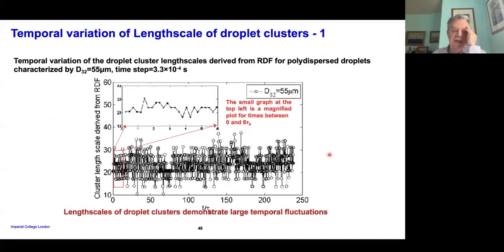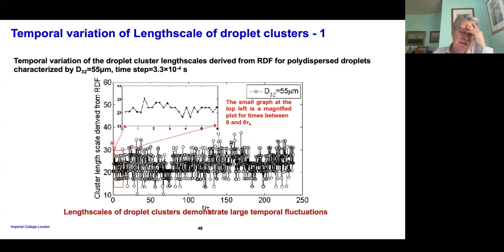Since we have time-dependent radial distribution functions, we can also plot the length scale variations in time. And you see that again, there is a variation in the length scales of the clusters, which is of the order of 10 to 30 Kolmogorov scales.